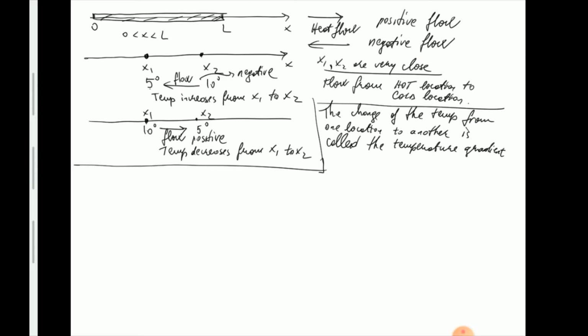In our notation, remember, u of x,t is the temperature at location x and time t. So therefore, the partial derivative of u with respect to x, partial u over partial x of x,t, will be the temperature gradient.